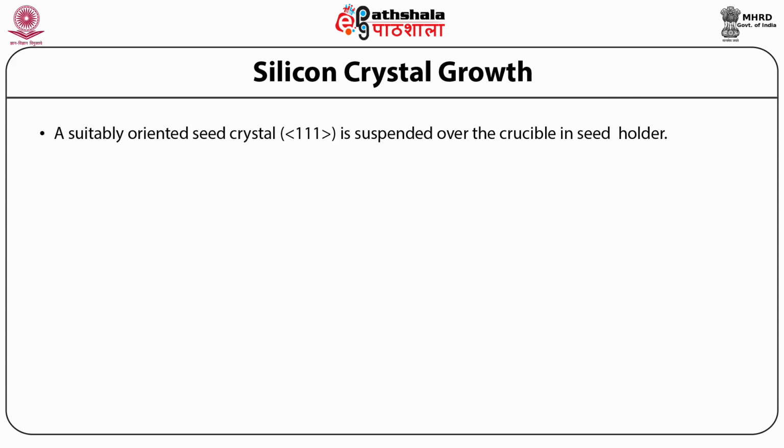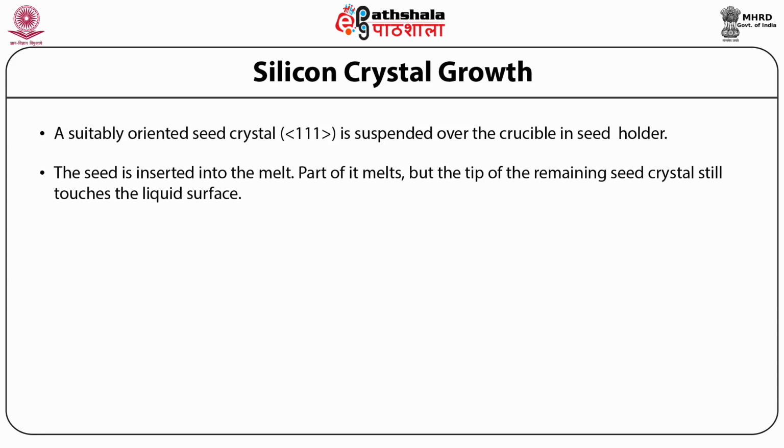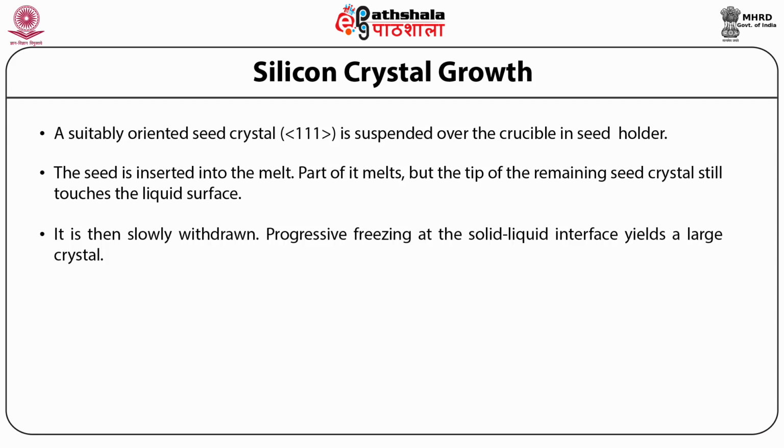A suitably oriented seed crystal, 111, is suspended over the crucible in the seed holder. The seed is inserted into the melt, part of it melts, but the tip of the remaining seed crystal touches the liquid surface. It is then slowly withdrawn. Progressive freezing at the solid liquid interface yields a large crystal.